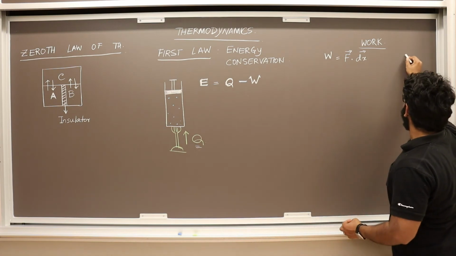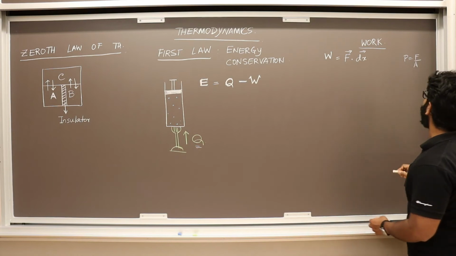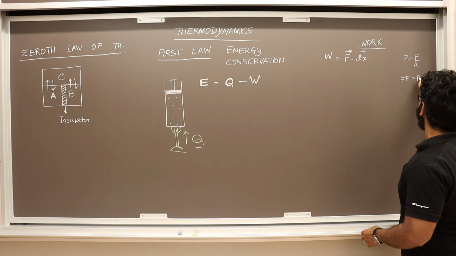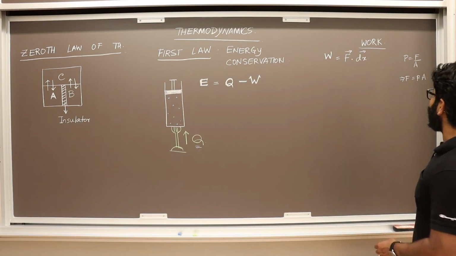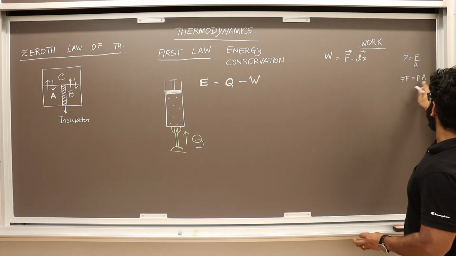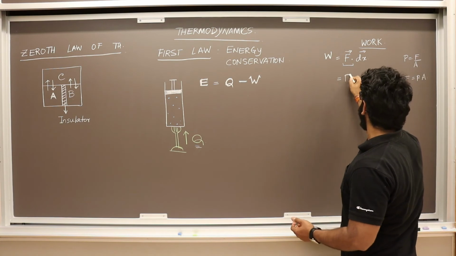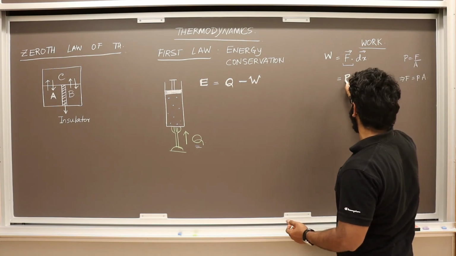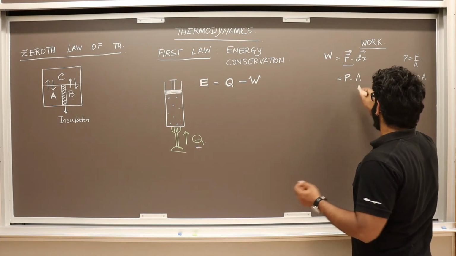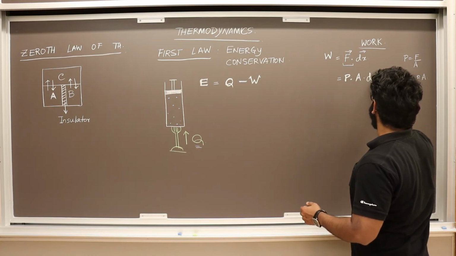Now, we know that pressure is force by area, okay? Now, force then becomes pressure times the area. So in here, in place of the force, you can write the pressure that was being applied times the area times the dx.